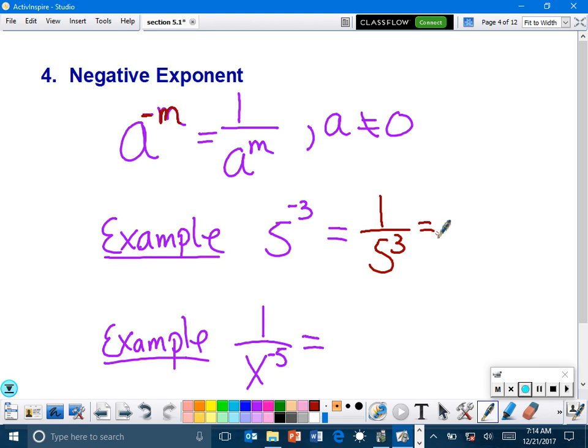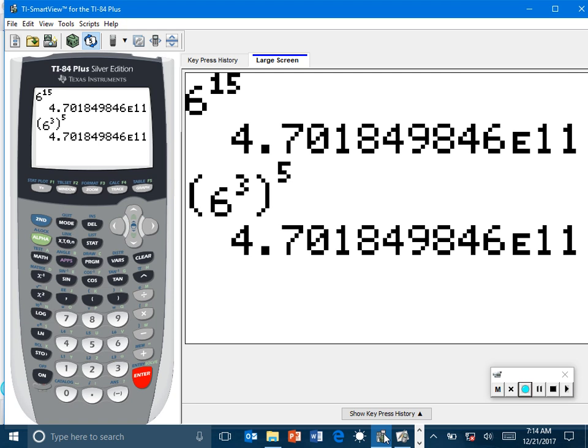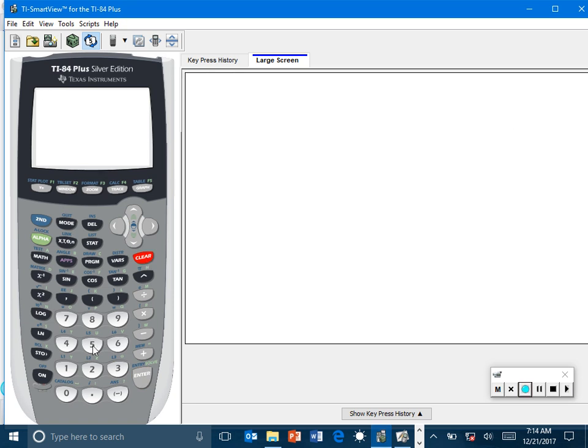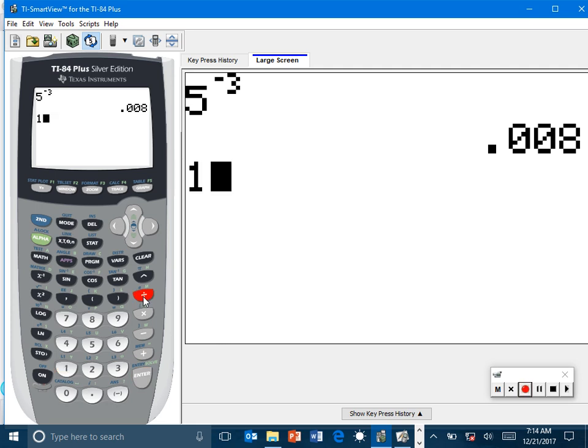Just to show you that they are equivalent, on the calculator, if I do 5 to the negative third power, I get this decimal. If I take 1 and divide it by 5 to the third power, the trick here is you should get used to using parentheses, because I only want the denominator.